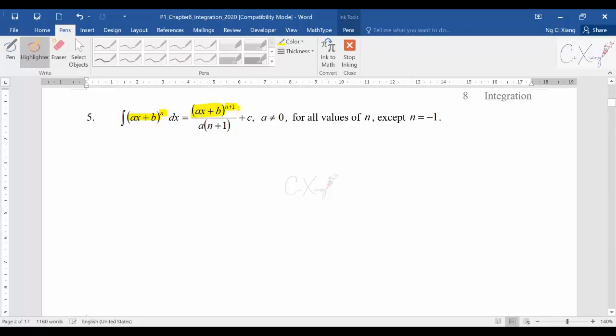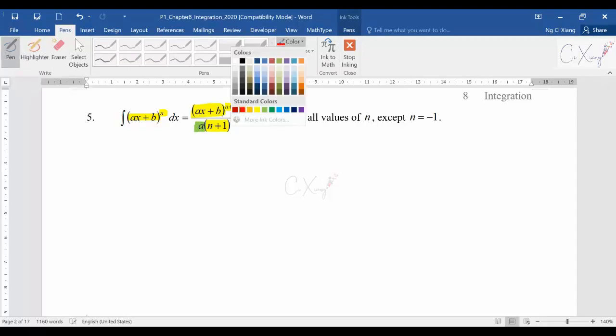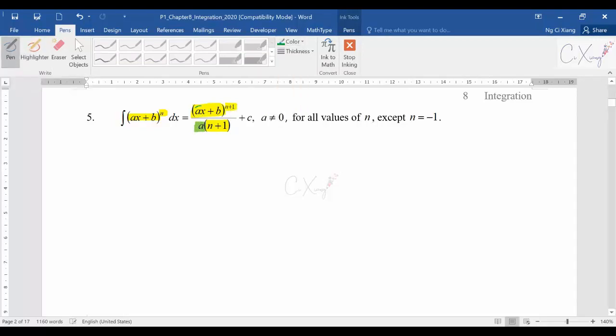For power n, you need to plus 1, power plus 1, divided by the new power, and you need to divide it by a. Maybe some of you will ask, how can I get the a? The a you get from here. You do the differentiation for ax plus b, and you get a, right? So you divide by a.